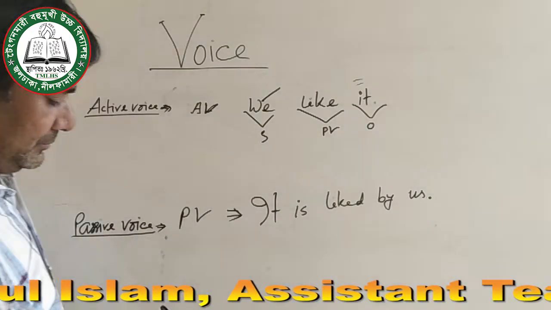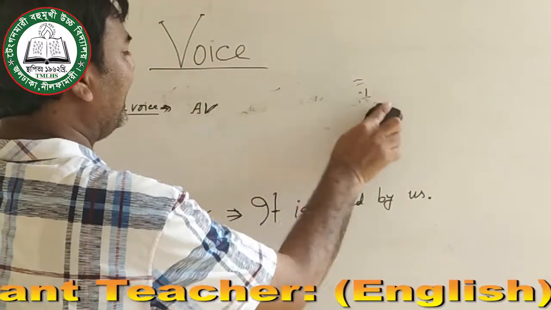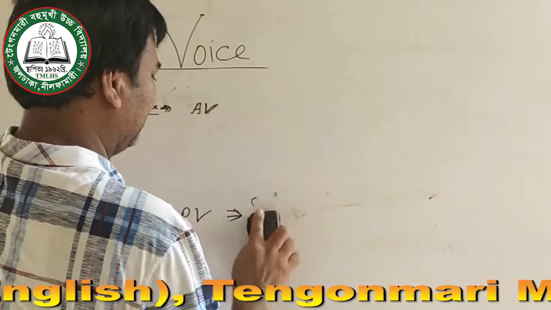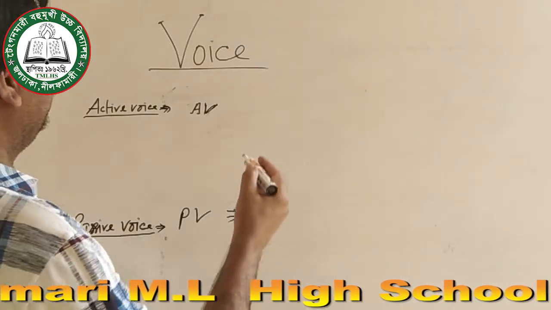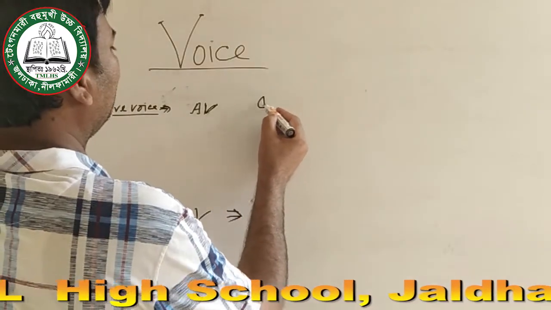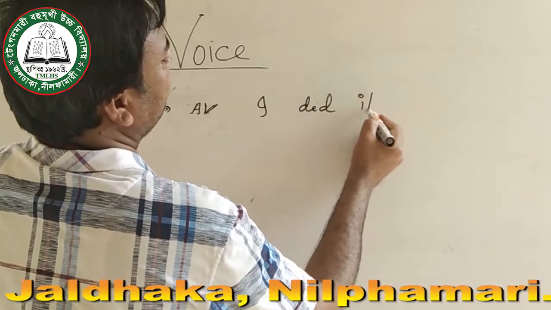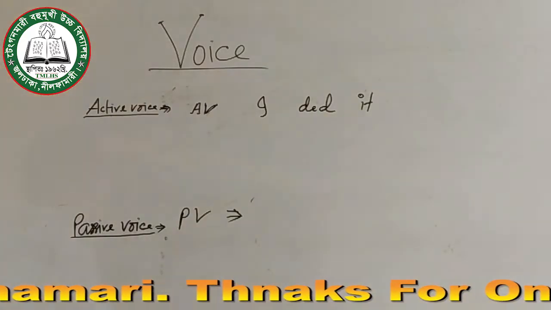Now, my dear student, we will learn another voice from another example of past tense. My dear student, another example, I did it. It is the example of simple past.